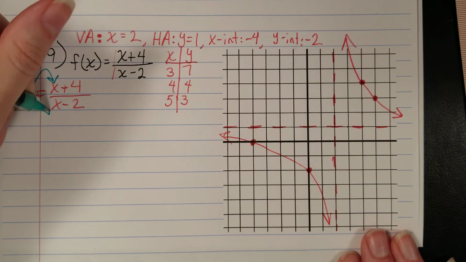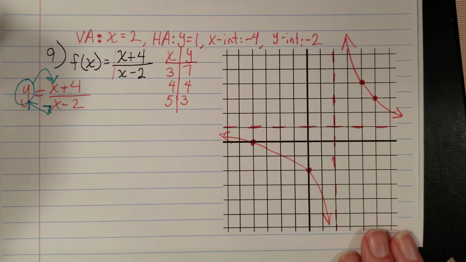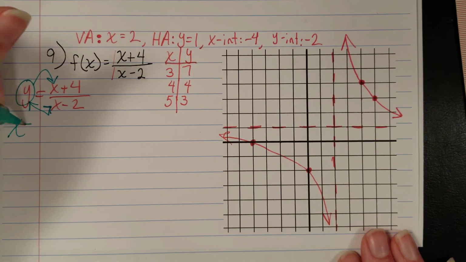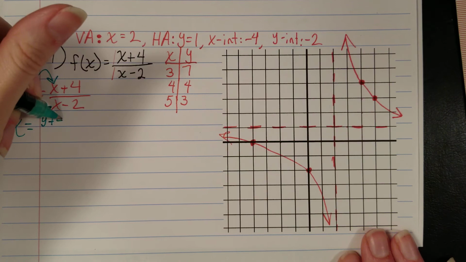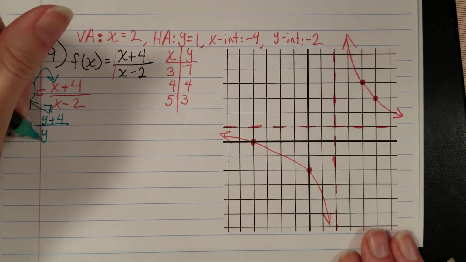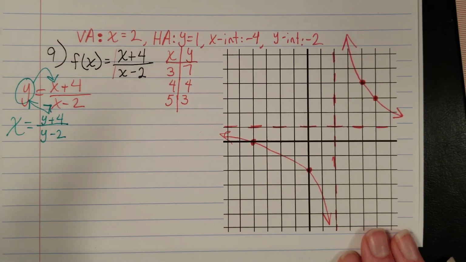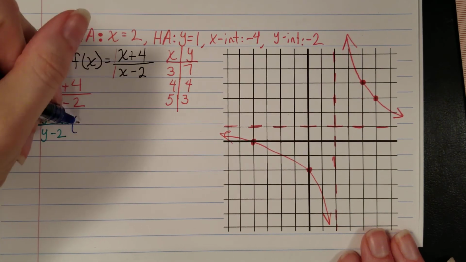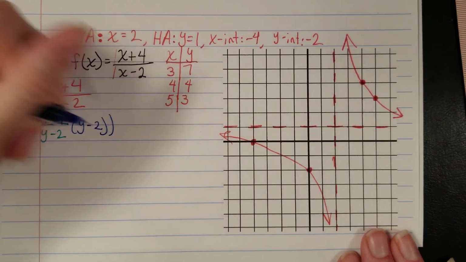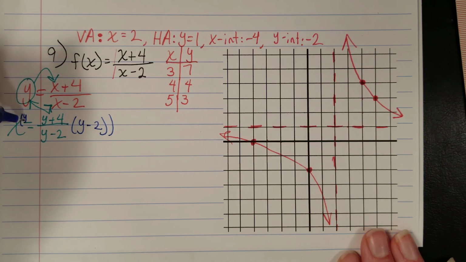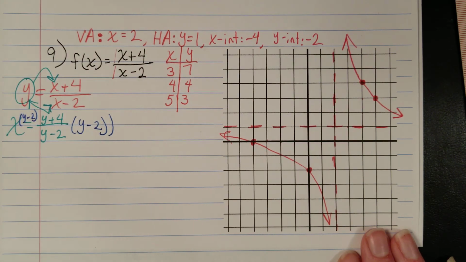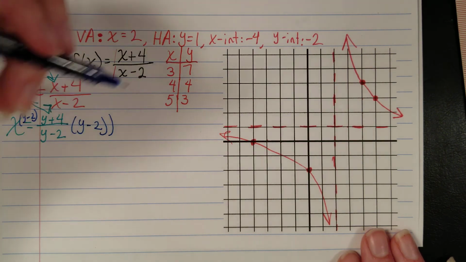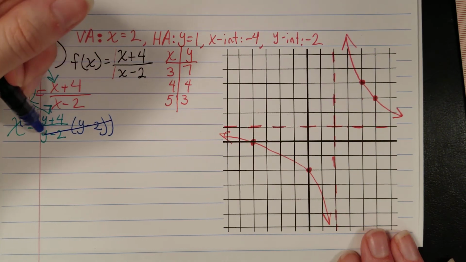So y is going to go in place of both of those x's. So it's going to be x equals y plus 4 over y minus 2. So then, I shouldn't have put that so close to the edge over here, because we got to multiply both sides by y minus 2. Okay, so that will cancel that out.